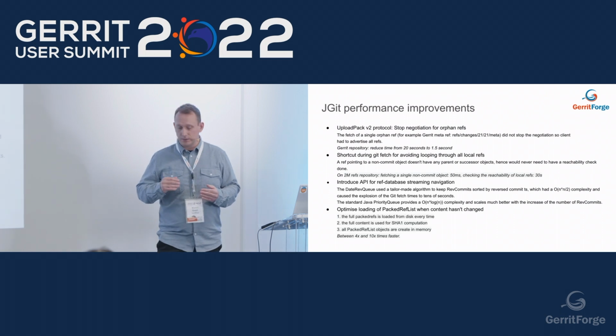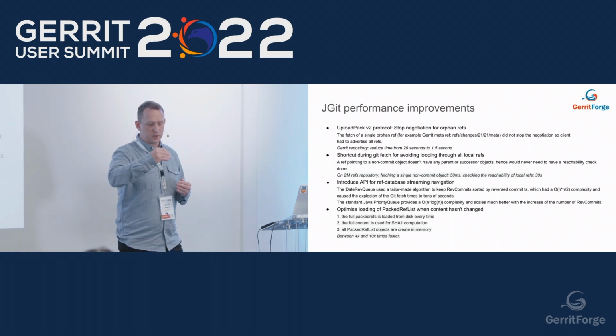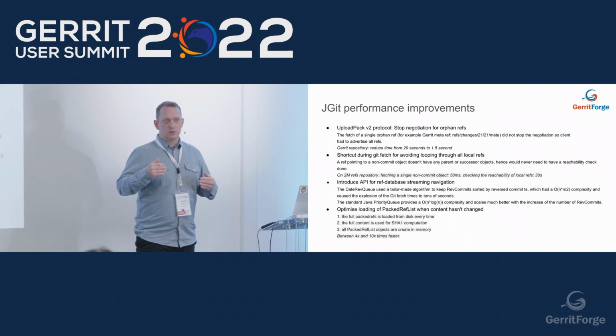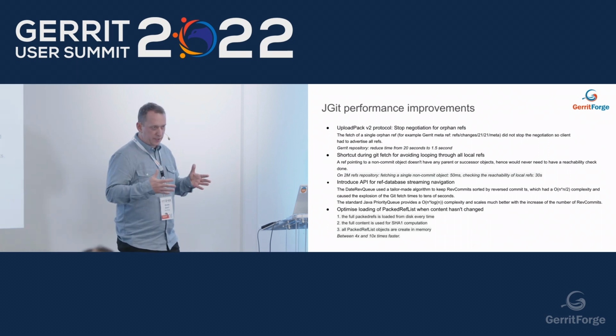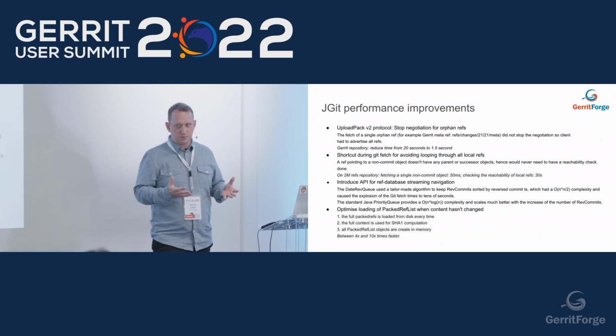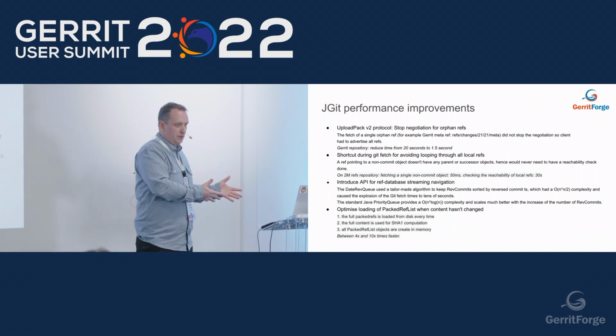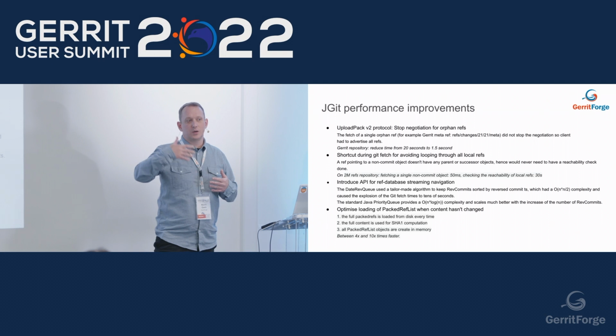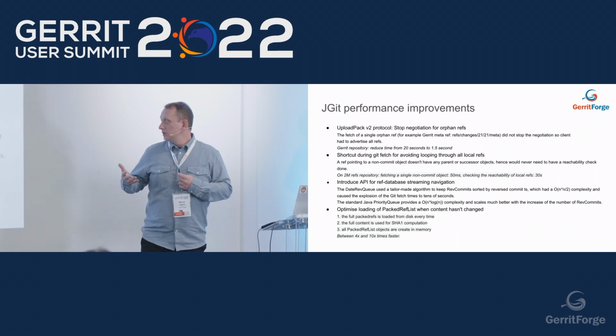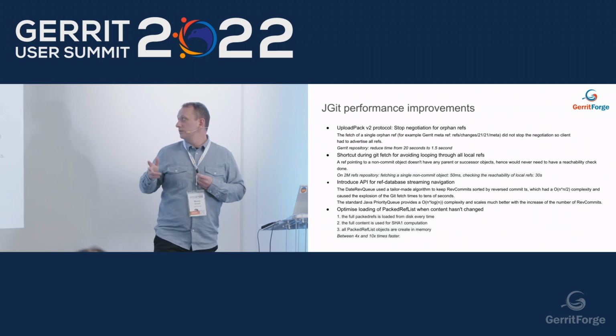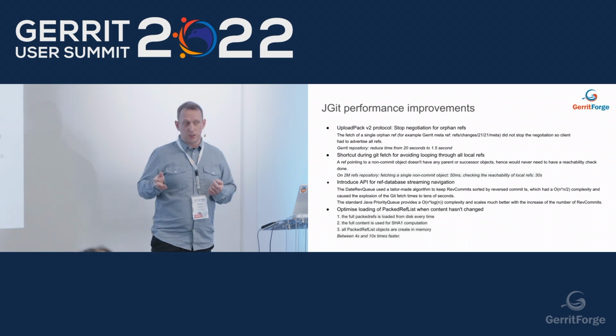What we noticed is that if there are no parents, JGit works in such a way that it's still trying to find a common base, and it's not able to find a common base because there's nothing, but it still tries to advertise all the refs. So just improving that. For the orphan refs, we don't do that anymore.